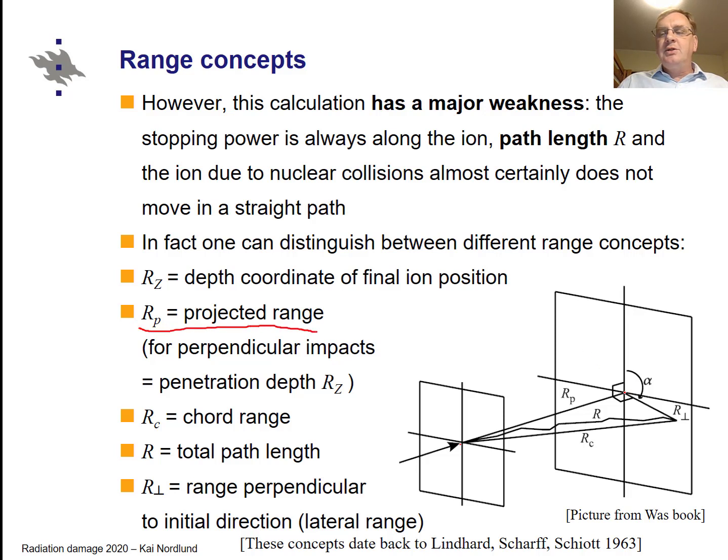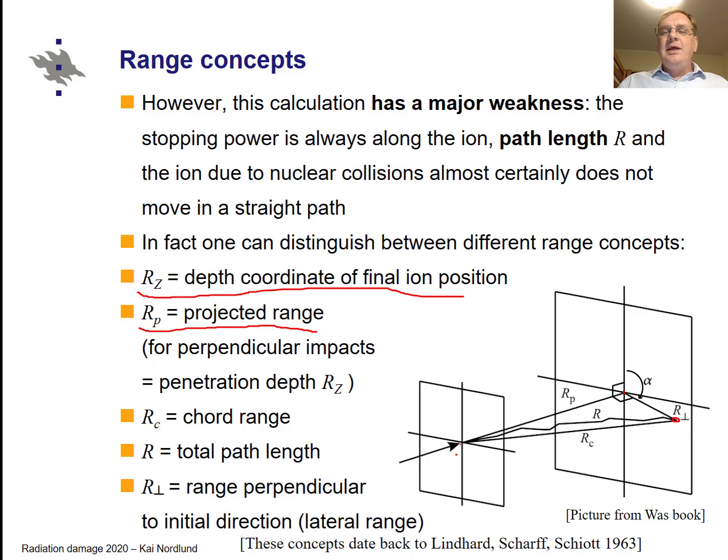And the projected range would then be that if you take the final position and project the vector to the final position onto the initial vector, then you get this point, and this is the projected range. A related concept, and often actually the one which is most useful practically, is how deep does the ion go, the depth coordinate of the final ion position.